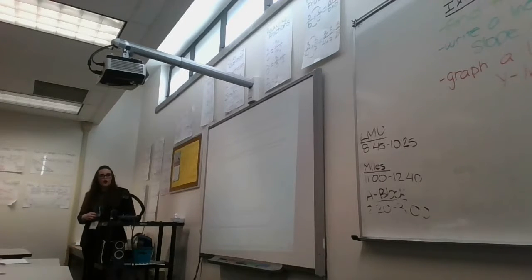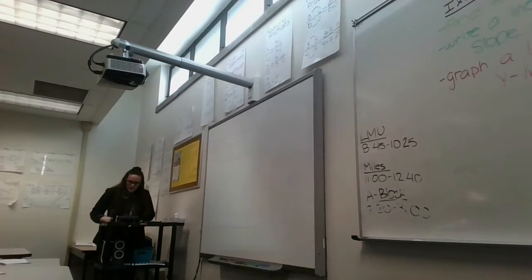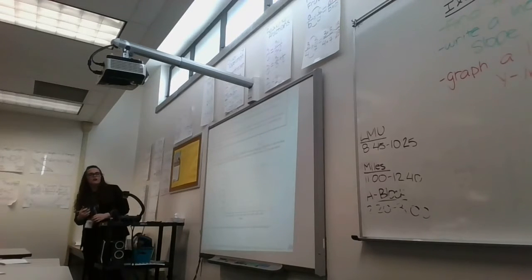When we see the word per, are we going to give that number an M or a B? M, yeah, per, we're thinking slope. Whereas the other one is going to be our B, it's our initial value.